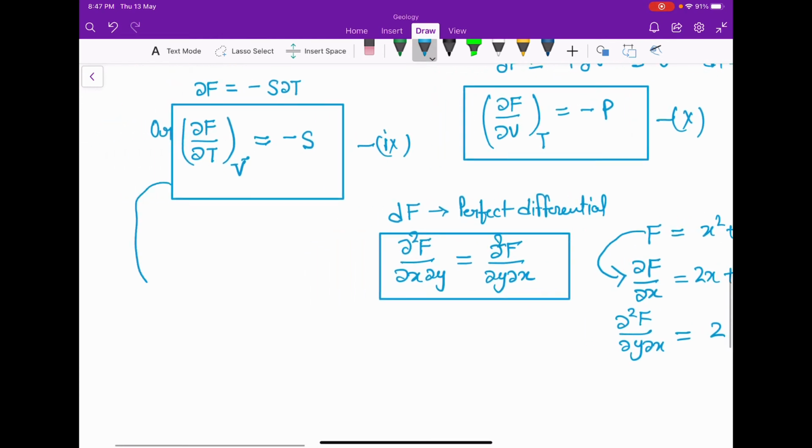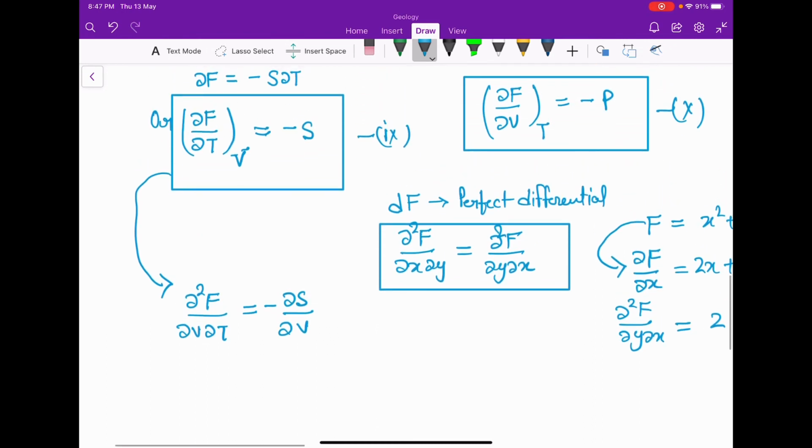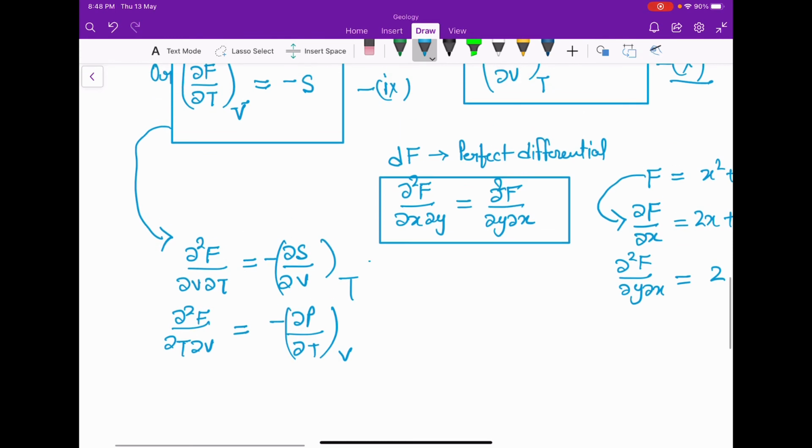So here I just differentiate with respect to V. Del 2F del V del T will give minus del S del V, and from equation 10, del 2F del T del V equals del P over del T at constant V. So this is equation 11 and this will be equation 12.